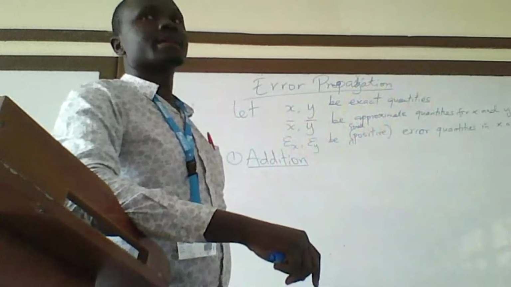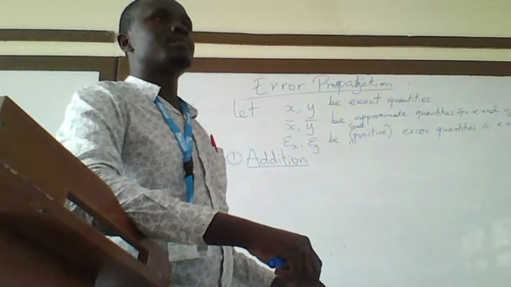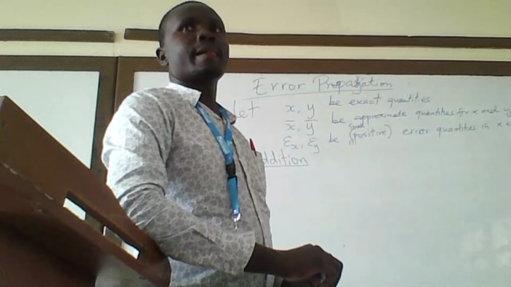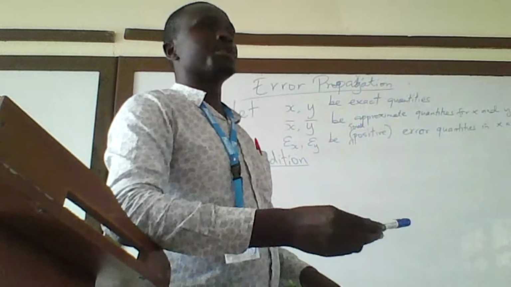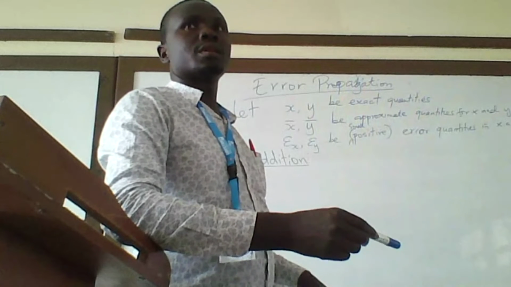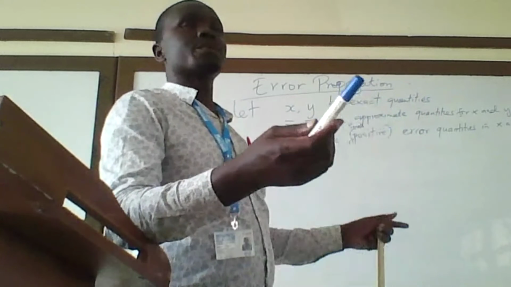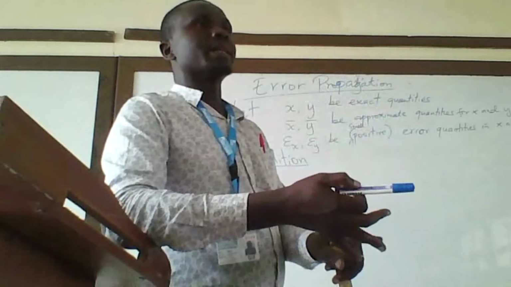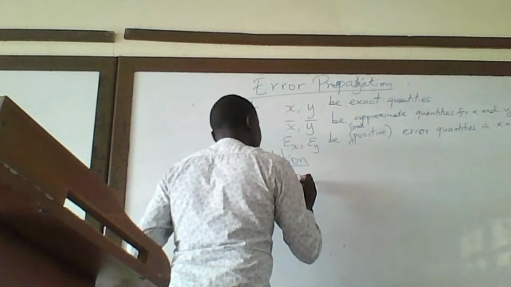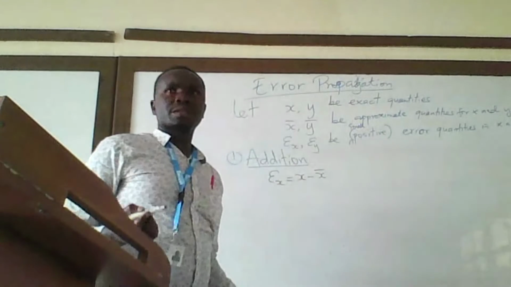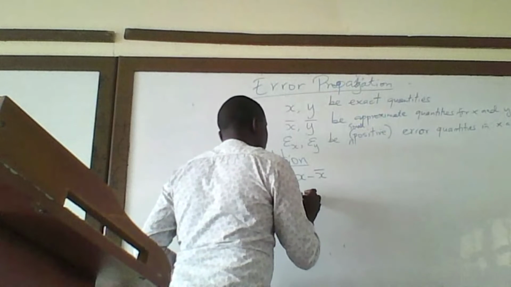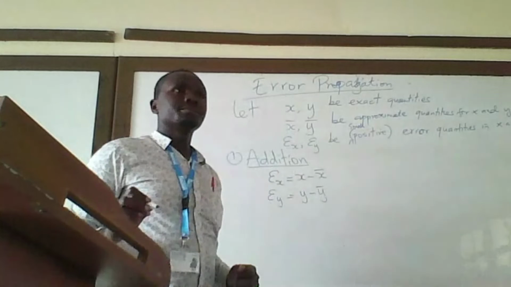I want an equation connecting the 3. Yes. Error is exact minus the approximate. So we have error in x is the same as x minus x bar. All that should be obvious from the definitions. Then error in y should be y minus what?